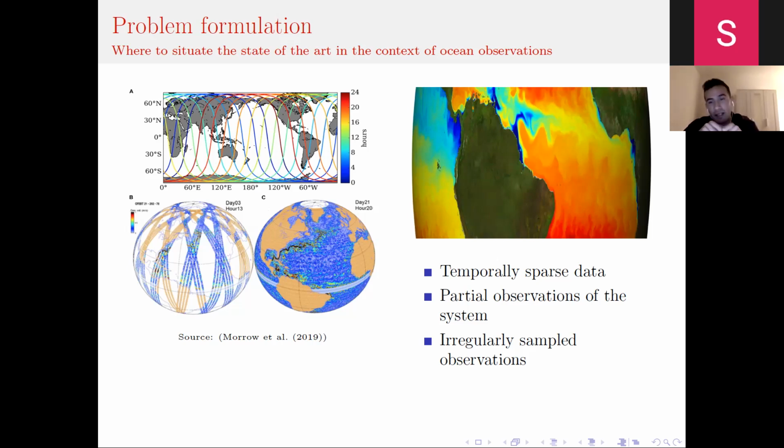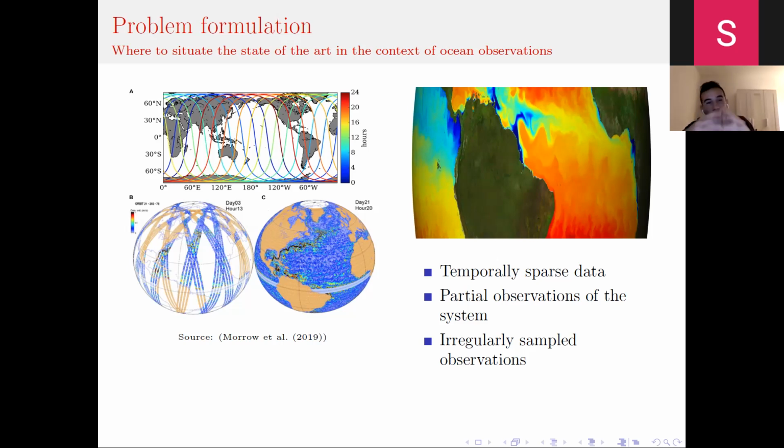Another issue is that ocean surface observations are just a tiny subset of a much higher dimensional and complex time evolving system, which is the state of the ocean. In this context, how to make sense of the ocean observations alone in order to derive a model that faithfully catches their variability?